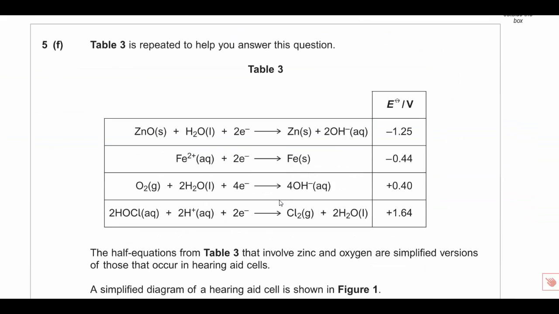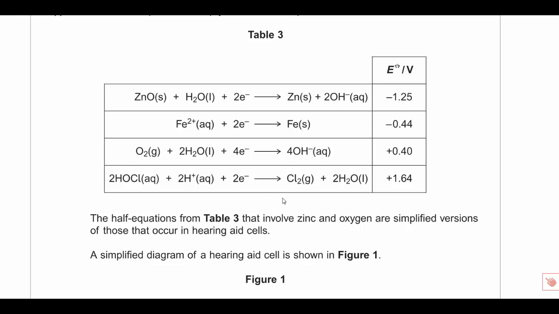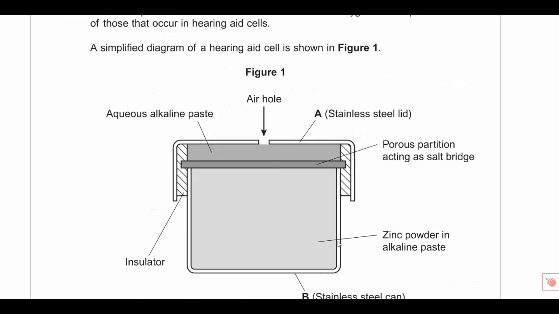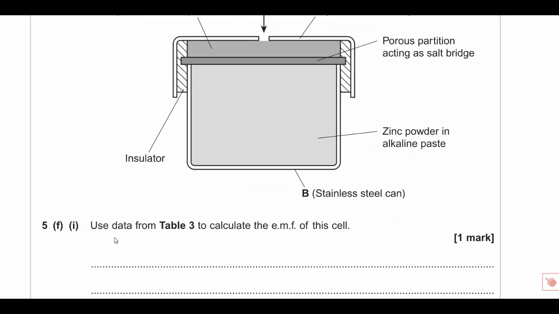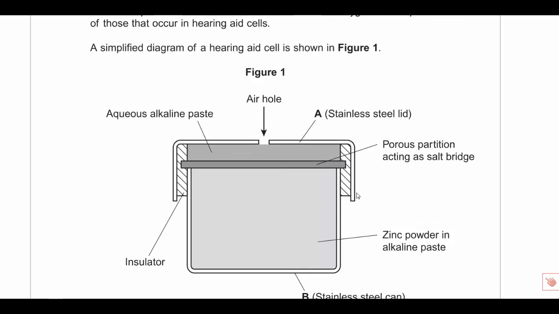Table 3 again. They are loving table 3. The half equations from table 3 that involve zinc and oxygen are simplified versions of those that occur in hearing-aid cells. That's good to know. So here's our cell. Use the data from table 3 to calculate the EMF of this cell.